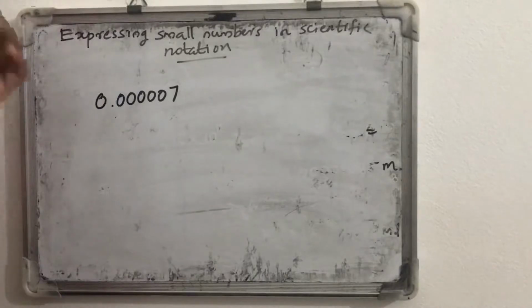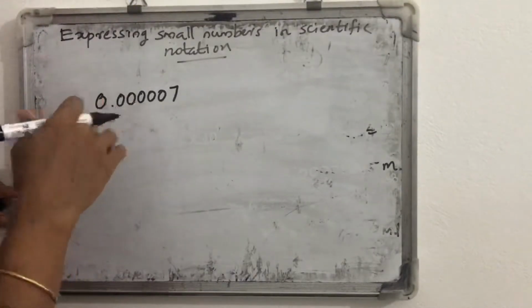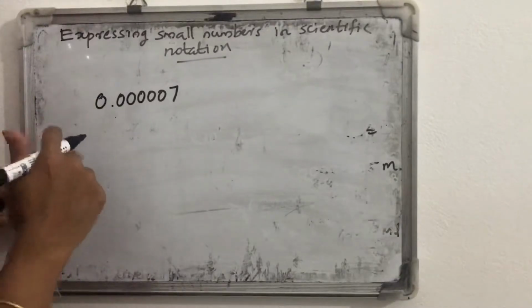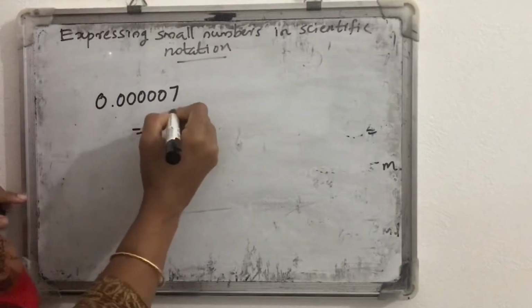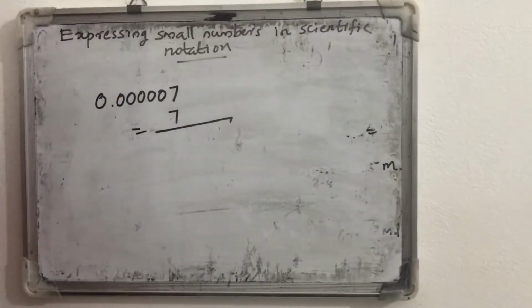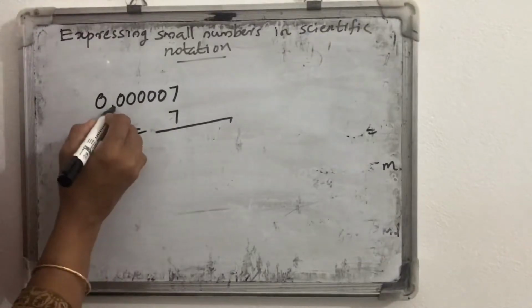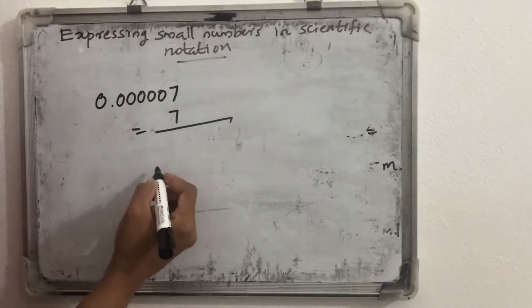First, we write this number in fraction form. We know how to write decimal numbers as fractions. It will be 7 by how many decimal places there are. We have 1, 2, 3, 4, 5, 6 decimal places.